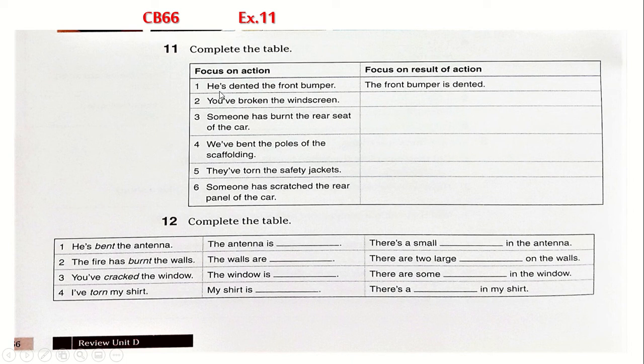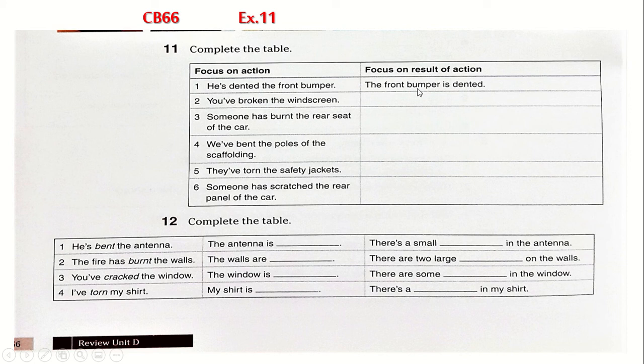Okay, let's see how. Number one, he's dented the front bumper. Dented عوج أو طعج يعني. The front bumper اللي هو صدام السيارة. Okay, so he has dented the front bumper. He is the doer of the action, the subject الفاعل, and the front bumper is the object المفعول به.